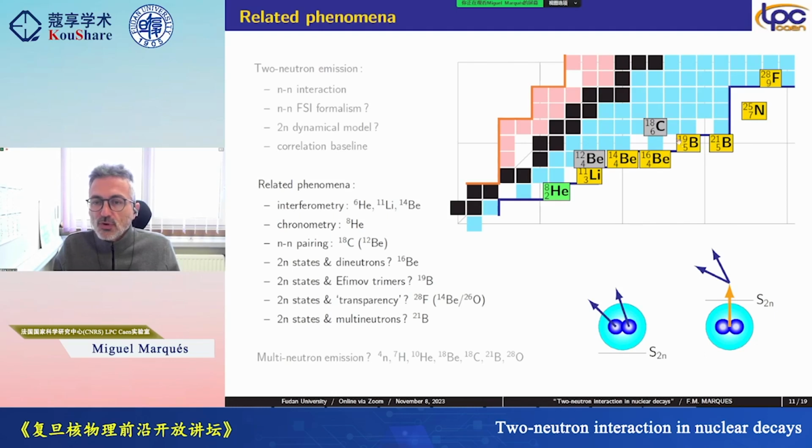If you go closer to the stability, like carbon-18 or others, you have very high intensities, but then you need to excite the system a lot.